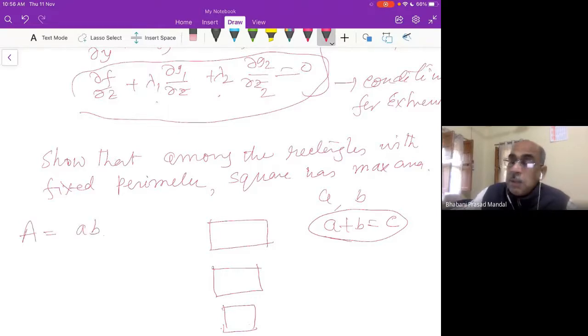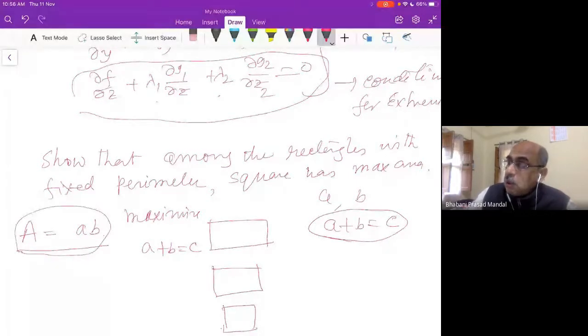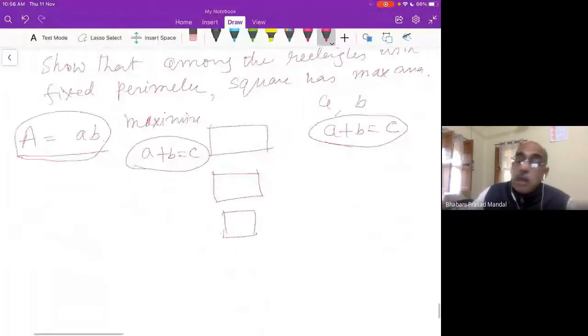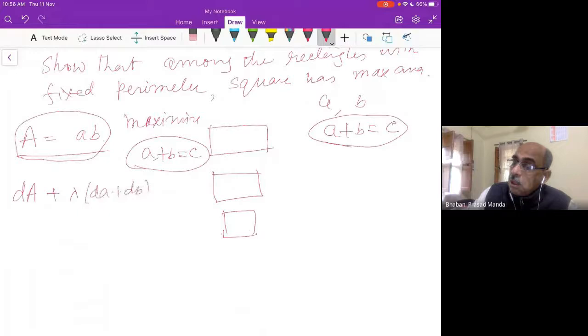So the problem mathematically, in our multipliers language: you have to maximize this, AB, when A plus B equal to C is the condition. So you have to extremize this under this condition. So d(AB) plus lambda times d(A plus B) will be 0.